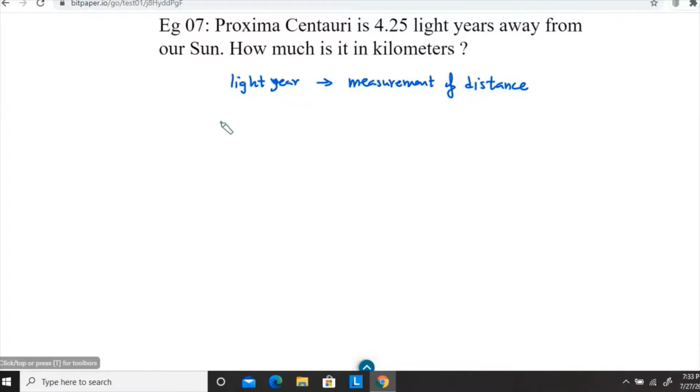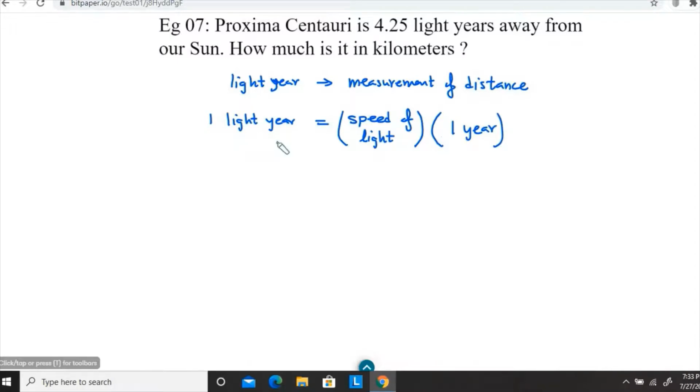Then the definition of light year is the distance traveled by light in one complete year. So that means, according to the definition, 1 light year is equal to the speed of light multiplied by a year.